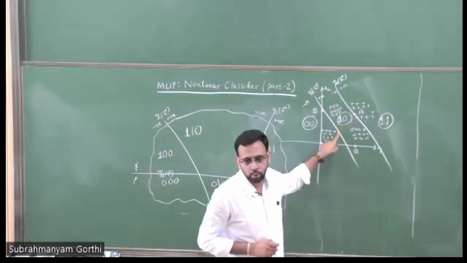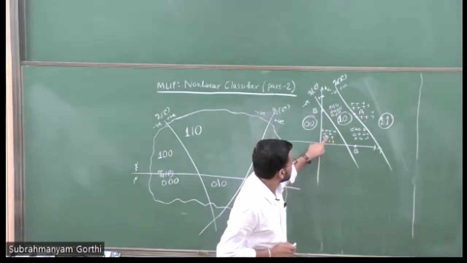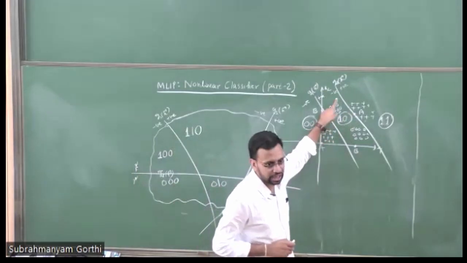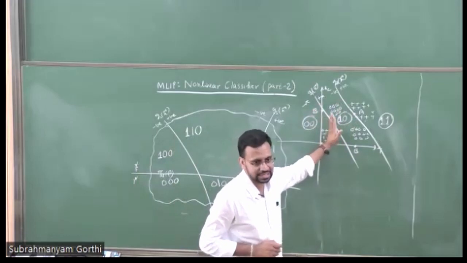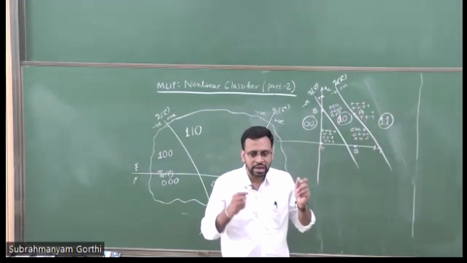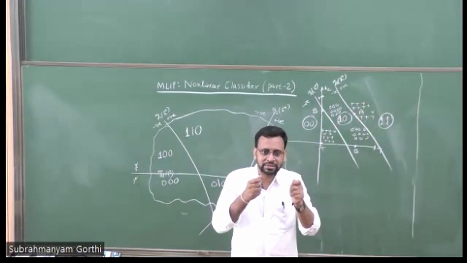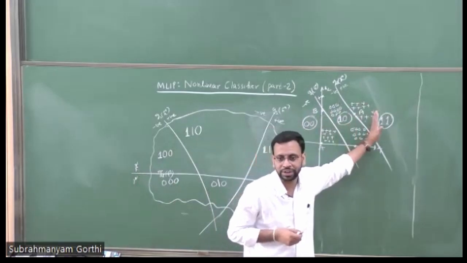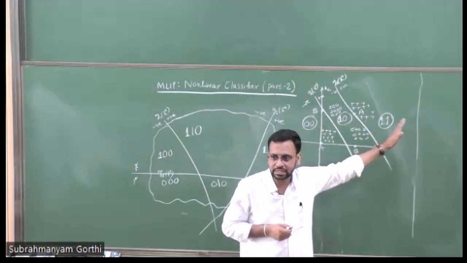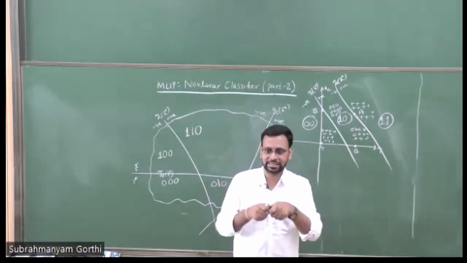I have taken two lines. Then what happened? In each region, I could have drawn these polyhedral regions also. This is one region, this is one region, this is one region. What happened now? I am able to separate these samples class-wise into one of those regions. In other words, no region has samples from both the classes.